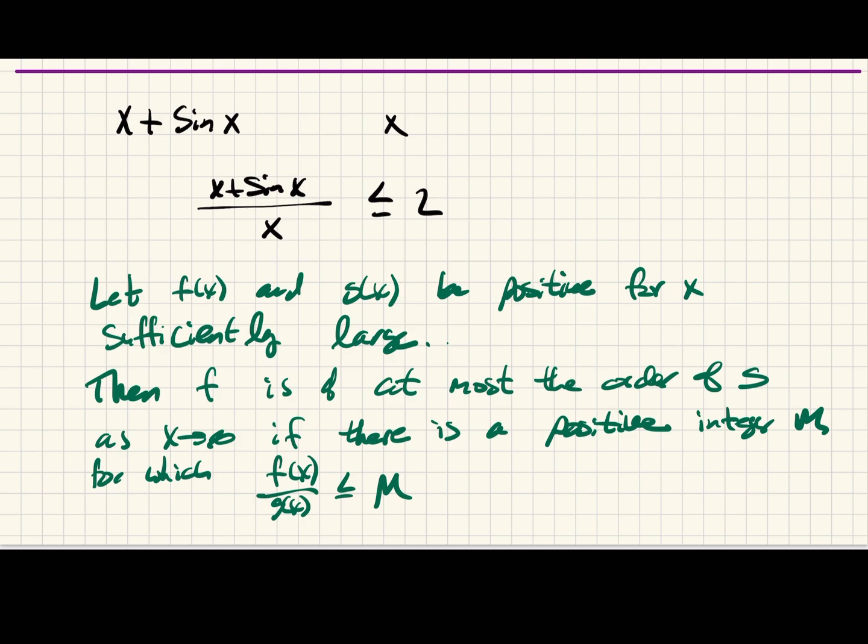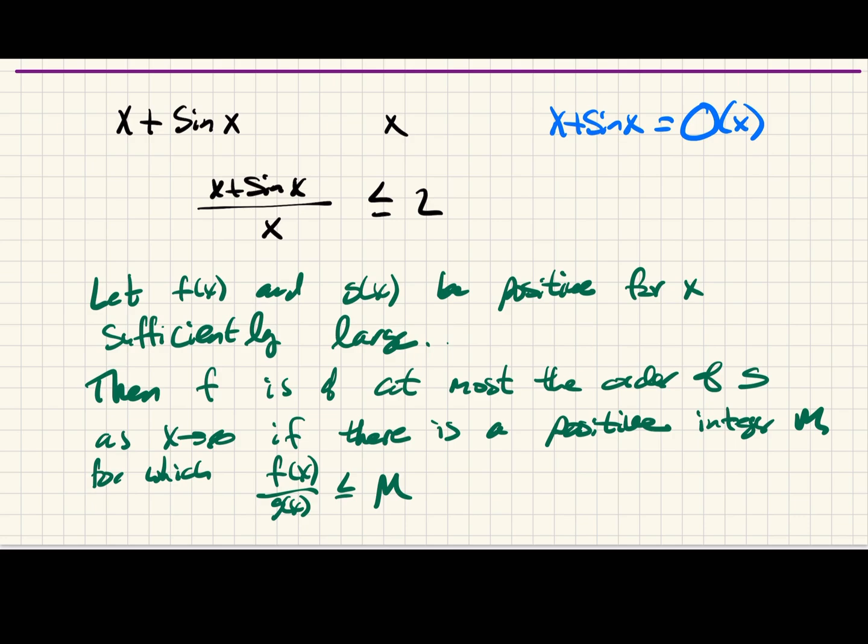Okay, so let's see. I found an m value, didn't I? 2. So that says that x plus sine x is at most the order of x. And we would indicate that with a big O. So we would say x plus sine x is equal to big O of x.